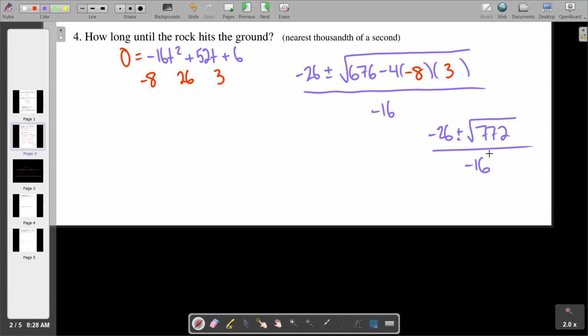So again, thank you, calculator. The square root of 772 comes out to 27.78488798. So let's use some decimals. I think I used 5 last time, so I'll do 27.78489.